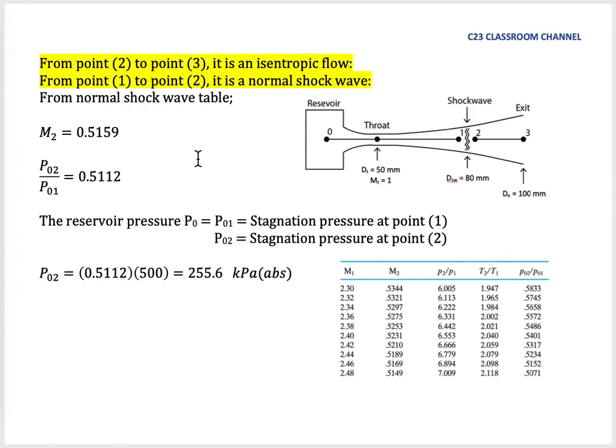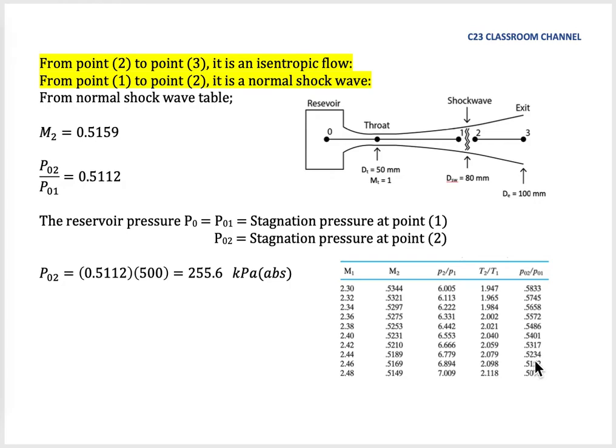To calculate this one, we see again from the normal shock wave table, if M2 is equal to 0.5159, so we look at this column and search for 0.5159. We don't have that number, so the nearest one is 0.5169, which means you need to calculate the interpolation, and then you can get the PO2 over PO1 ratio.